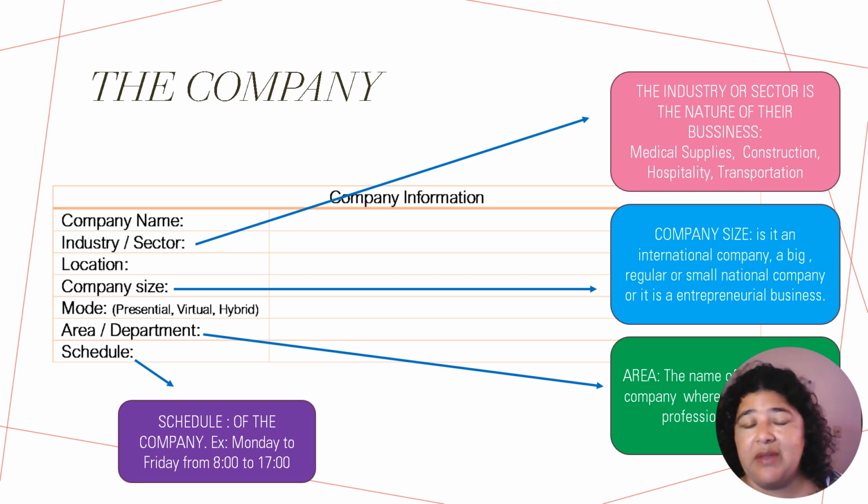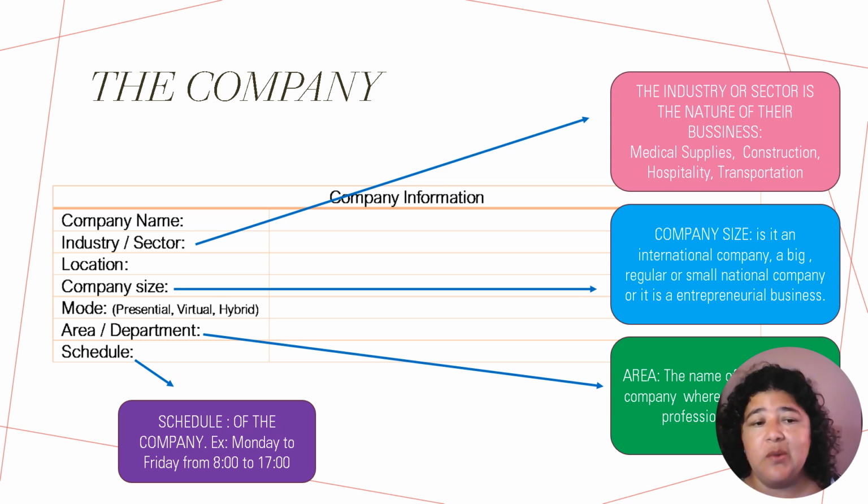Then we have the information of the company. The name is the regular name as the company is known. In the industry or sector, I recommend to focus on the nature of the business. Let's see if it's medical supplies, construction, hospitality, transportation, or any other.